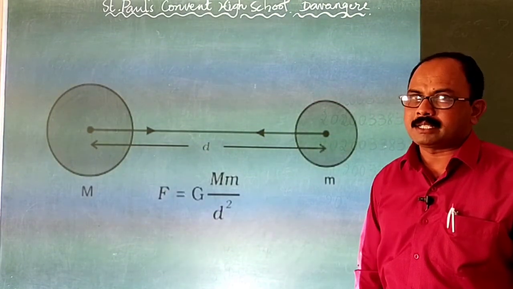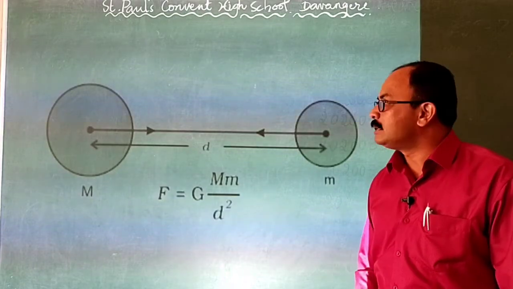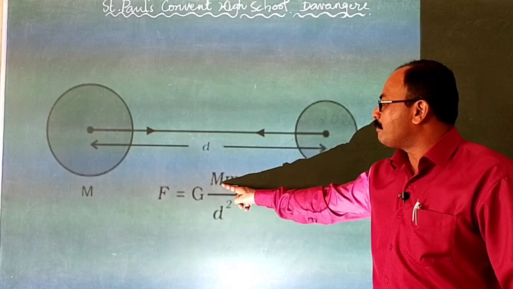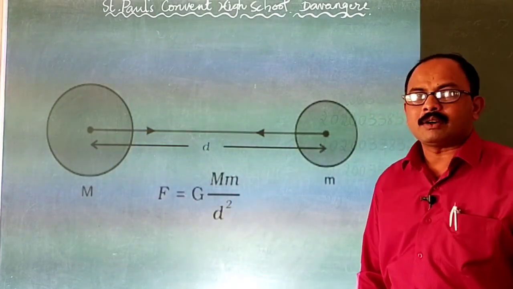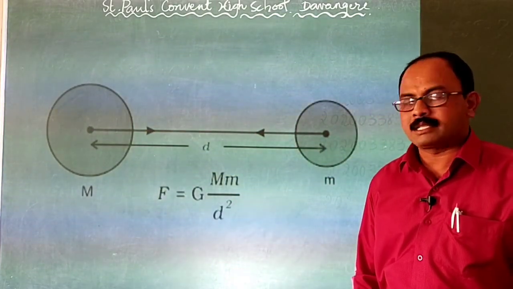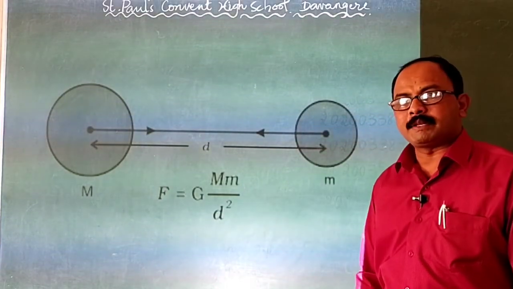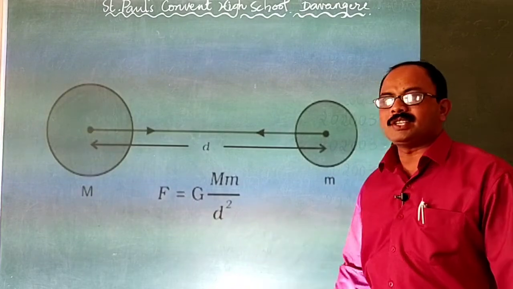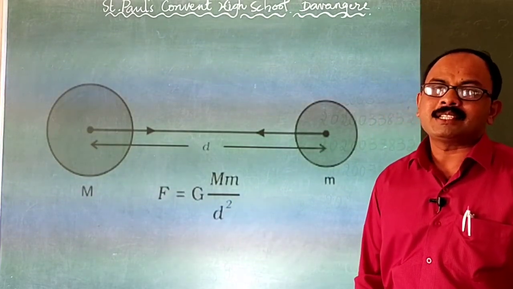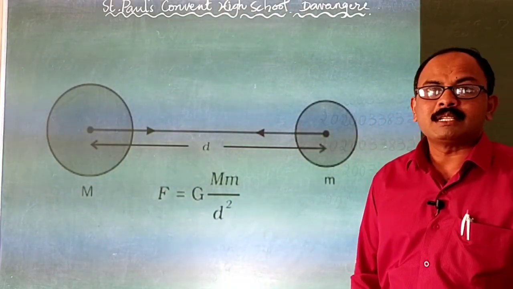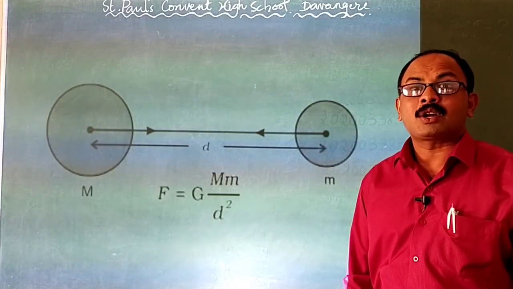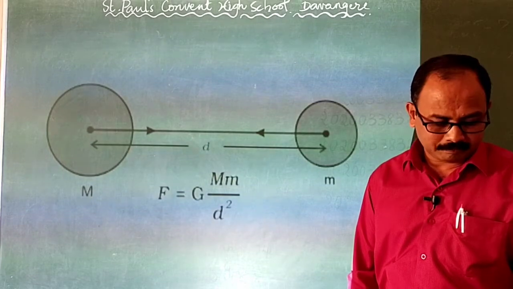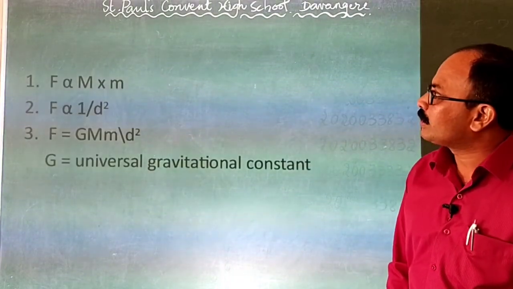This is the formula part, children. You need to learn the law as well as the formula. M and small m are the masses of the two objects. d is the distance between them. F is the force of attraction. What is this G? G is known as the universal gravitational constant, which has a typical value, children.